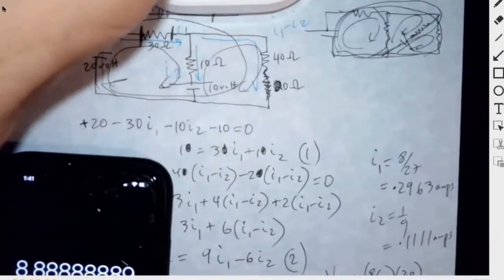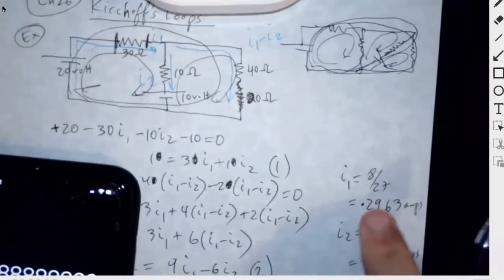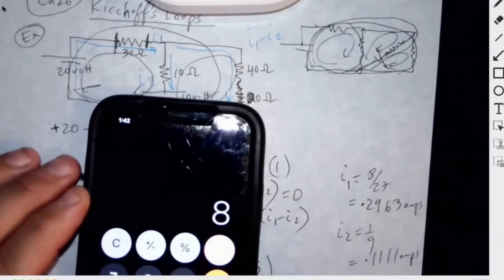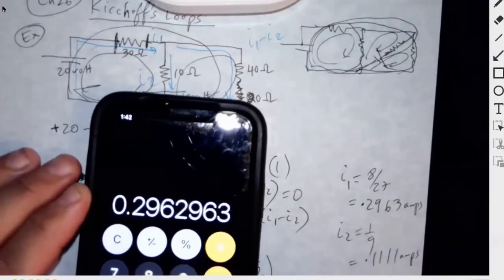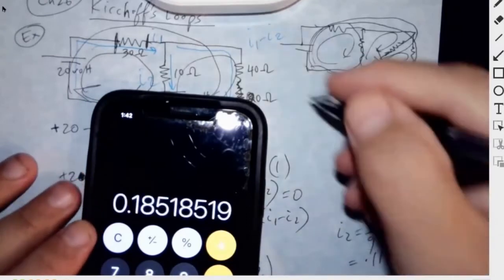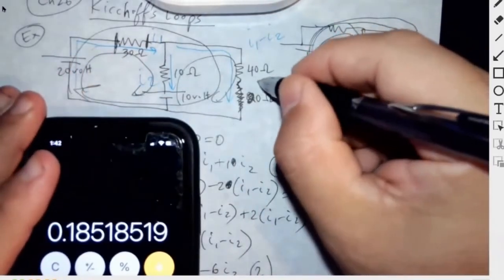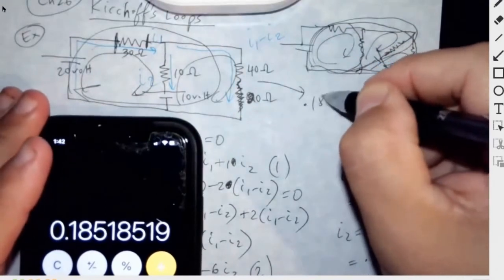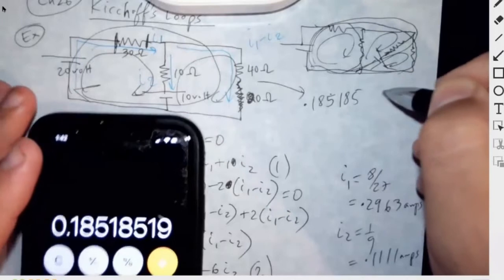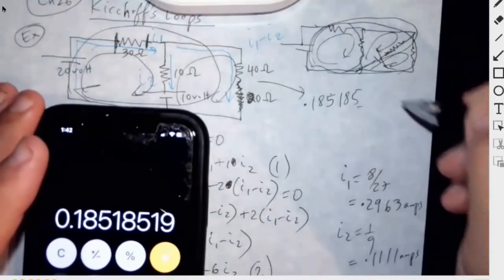Then it would be I1 minus I2, right? So let's do 8 divided by 27 minus 1 divided by 9. Okay, so the current on this side is going to be 0.185, and so on. It's probably repeating.